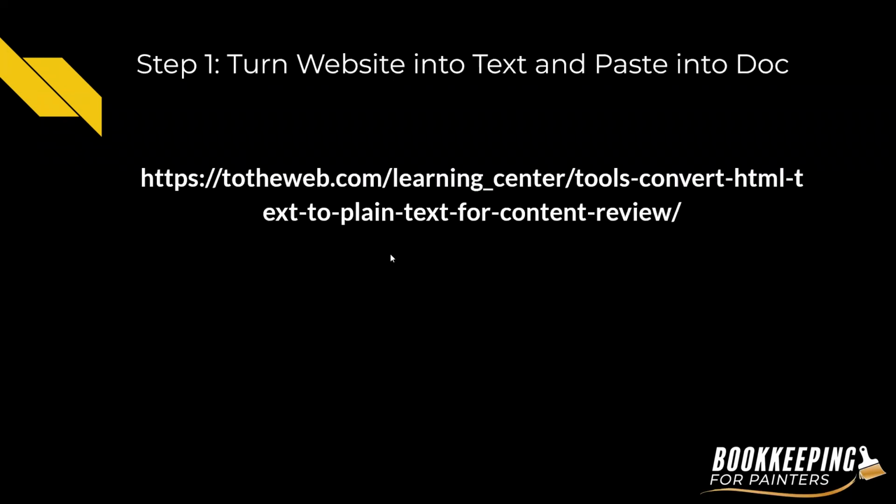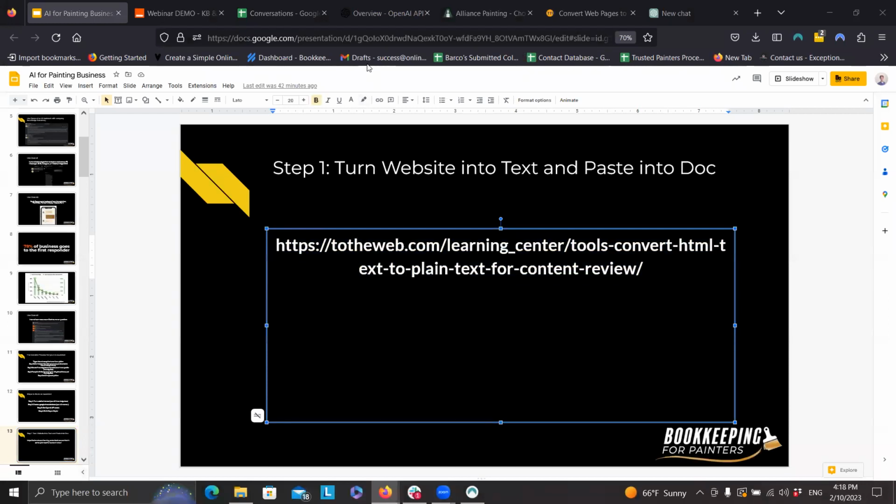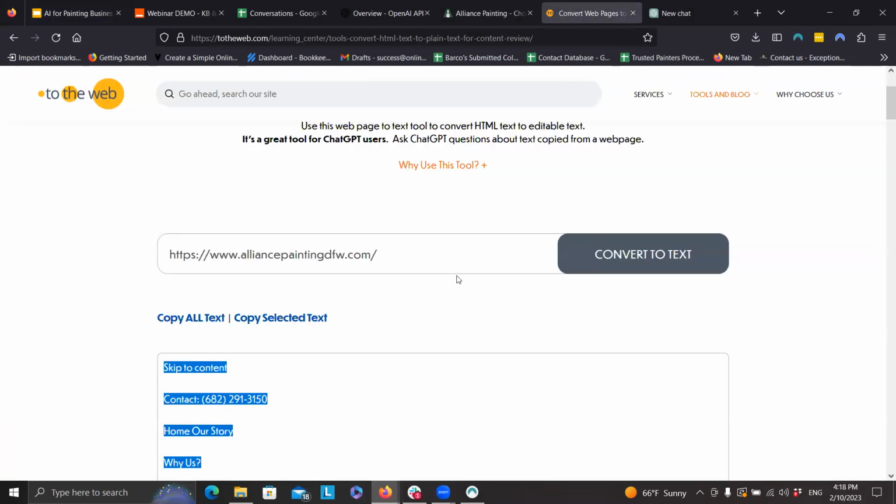So there's a cool tool that you can go to. I'm going to put this in the chat. It's free, and you can use this tool to convert your website into text.